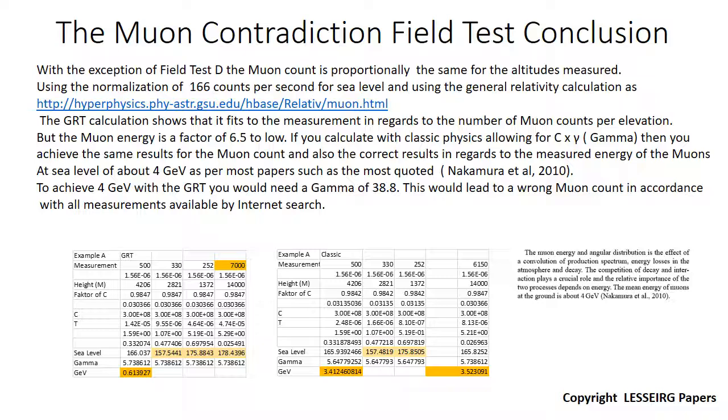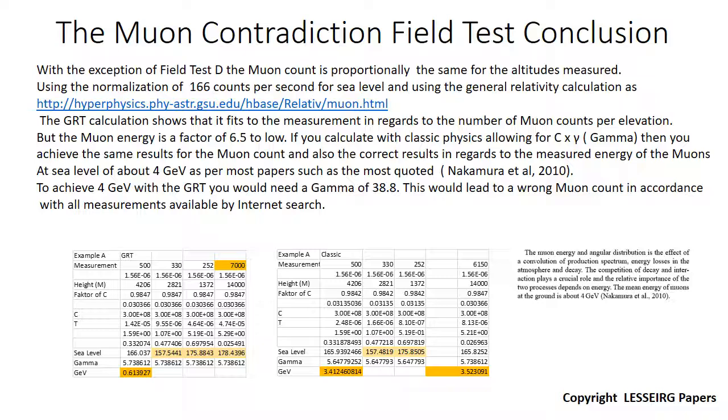That's a little bit disturbing because, like hyperphysics said, if you use the 4 giga-electronic volts, then your gamma rate gets close to 40, and the measurement results of the muon count would not fit at all. So here's a strong contradiction. The Einstein calculation does pretty well for the muon counts, but it doesn't jibe with the actual energy levels.